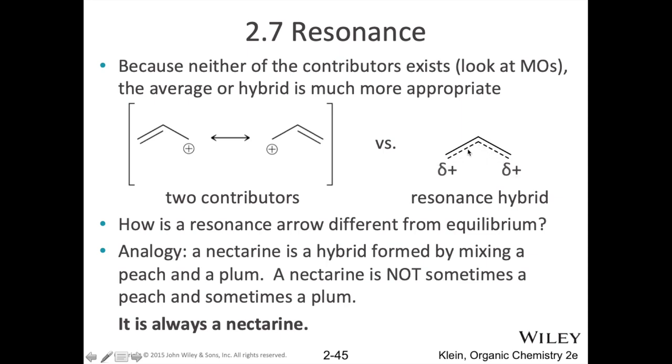So I use a dotted line here to show that partial double bond character. Sometimes you'll see these molecules drawn out as a hybrid, which reflects what the molecule looks like in real life a little bit more. But of course, this is sometimes inconvenient when we're trying to describe chemistry around a molecule. So we'll instead choose to draw one of these resonance contributors, one of these Lewis structures.